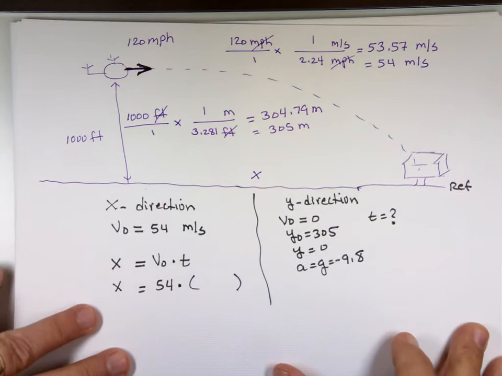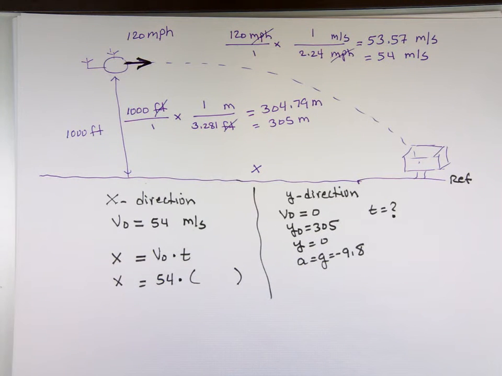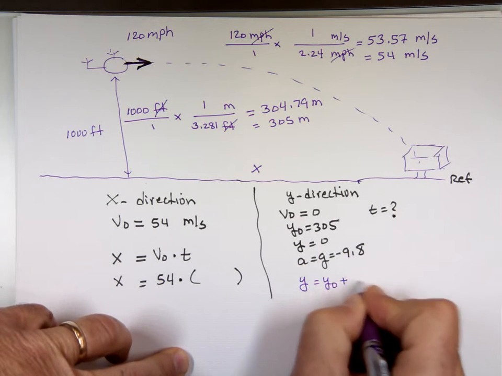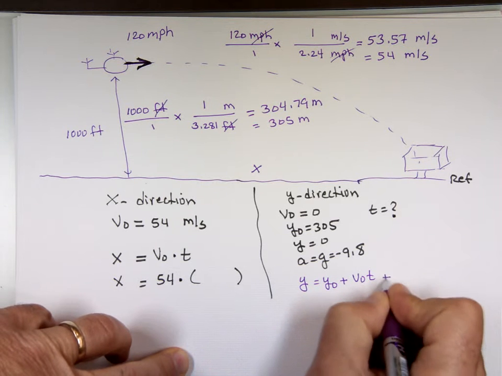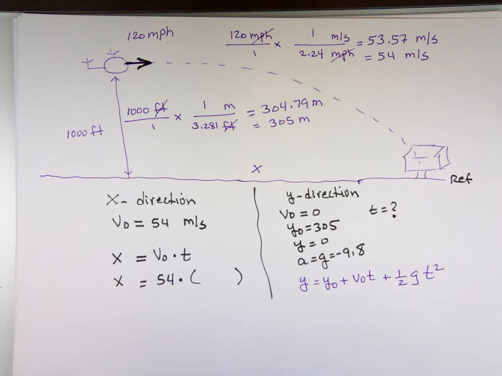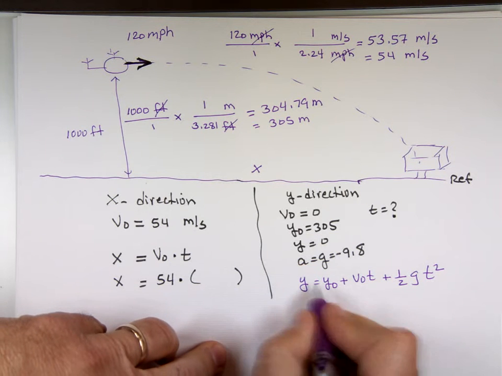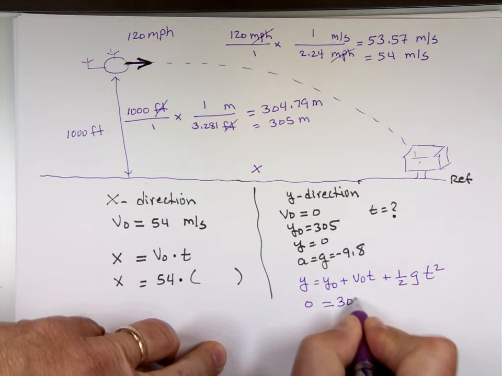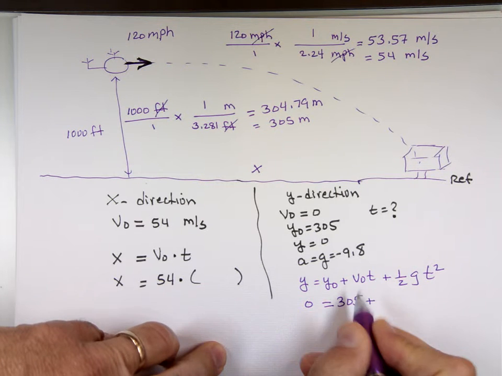The same equation, I bet you. Y equals y sub 0 plus v0t plus 1/2 gt squared. Y sub 0 is 305 plus v0 times t, that's 0.